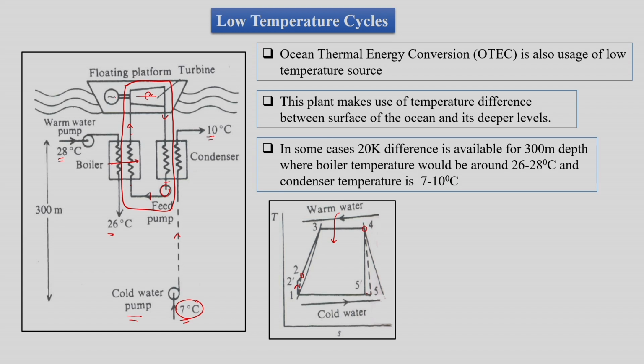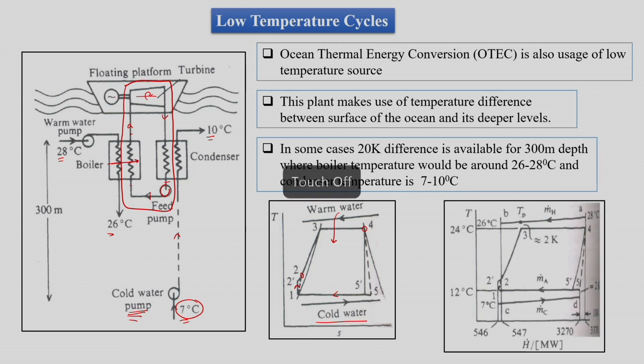Then we have extraction of work in the turbine, and then this refrigerant loses heat, for which we fetch water from the deep bottom, and this cold water will be gaining the heat. In this case, we will consider the TTD, which is terminal temperature difference, to be 2 Kelvin.